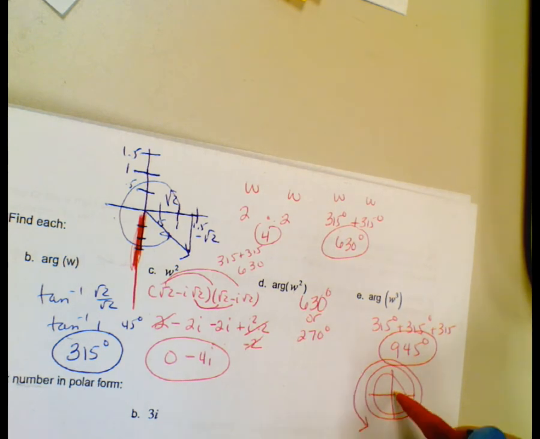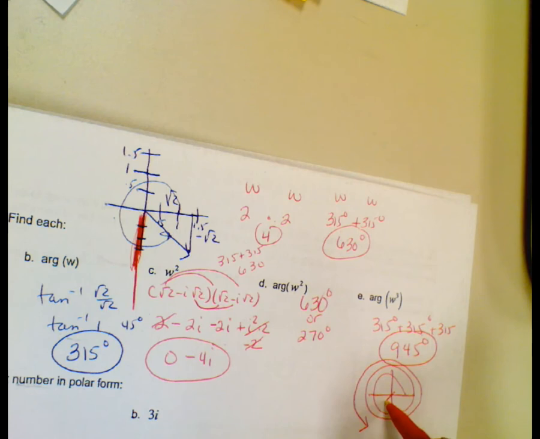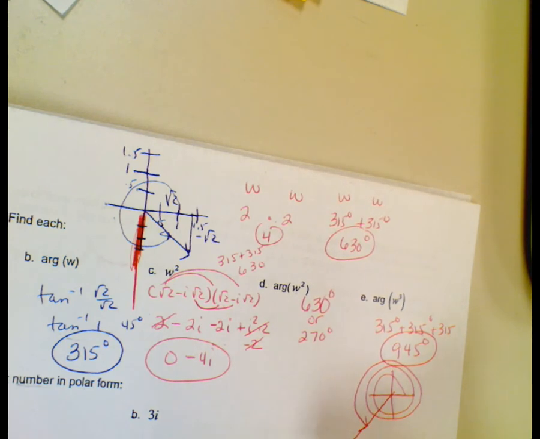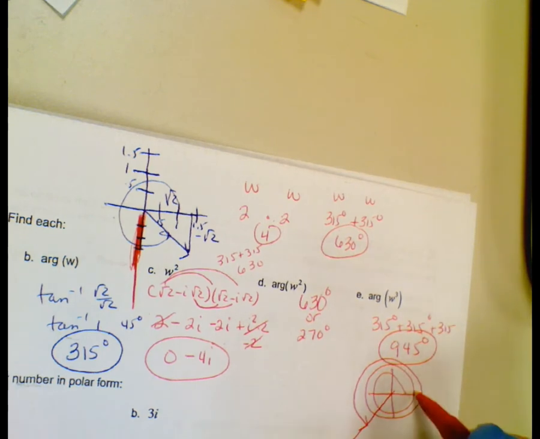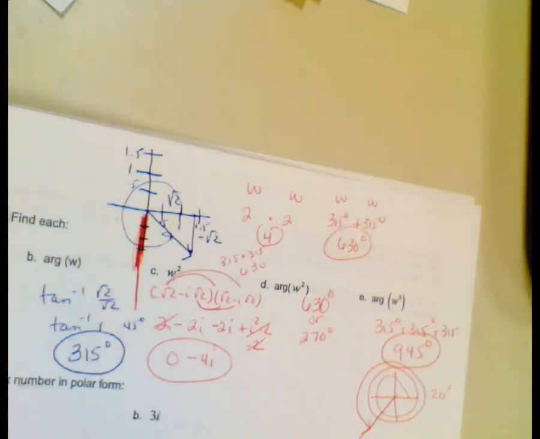You would be right there. So the next one should have 945 degrees, and it should have a length of 8, 2 times 2 times 2. And so you'd say 945, or you could say 225. That's where it's at.